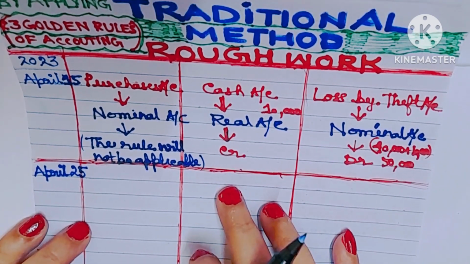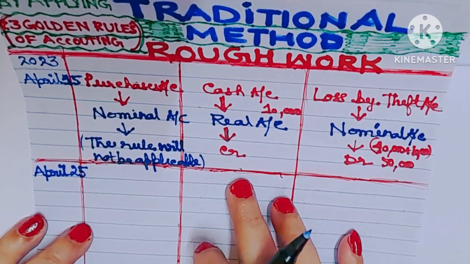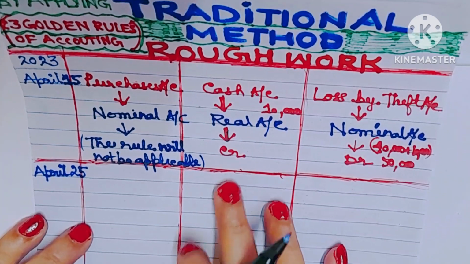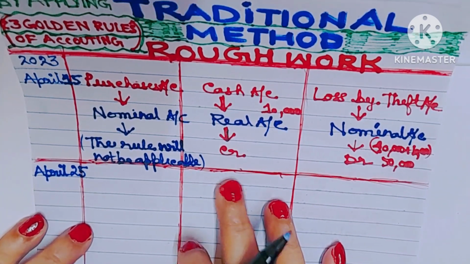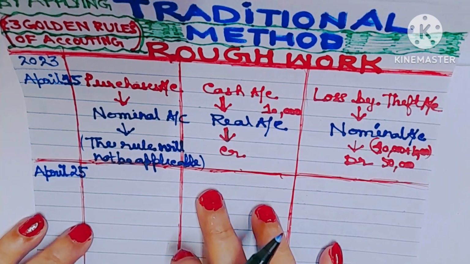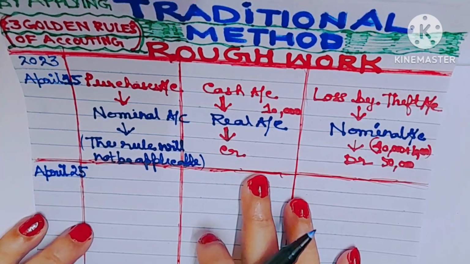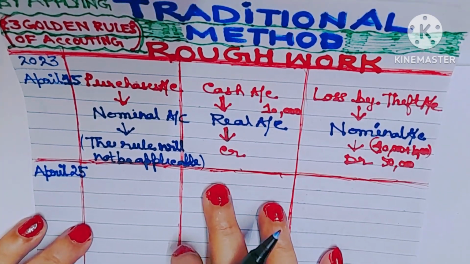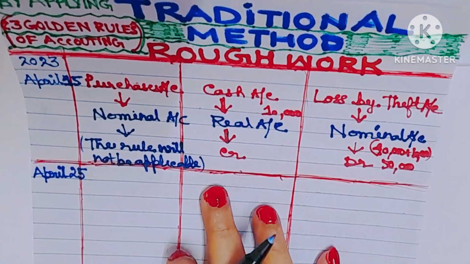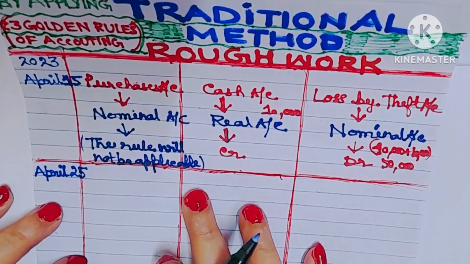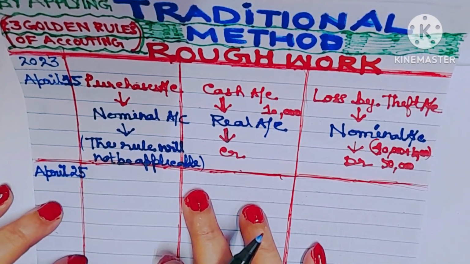So this is not a purchase of goods, and we cannot debit purchases account. Normally we debit purchases account because it is an expense for the business, since when we purchase goods for cash, cash goes out from the business. But here we cannot debit purchases account because the business has not purchased goods. Here goods worth rupees 40,000 were stolen by an employee.